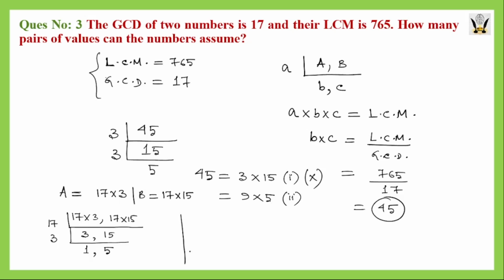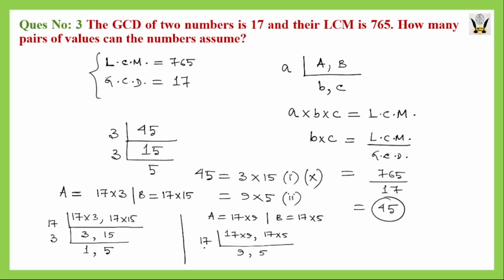So the other combination is what? 9 and 5, these quotient values. So A could be 17 multiplied by 9 and B could be 17 multiplied by 5. And now if we want to find the HCF and LCM value, then it will be 17 multiplied by 9 for one number, and 17 multiplied by 5 for the other number. 17 is the common factor, so the quotients will be 9 and 5, and between 9 and 5 there is no more common factor or divisor.